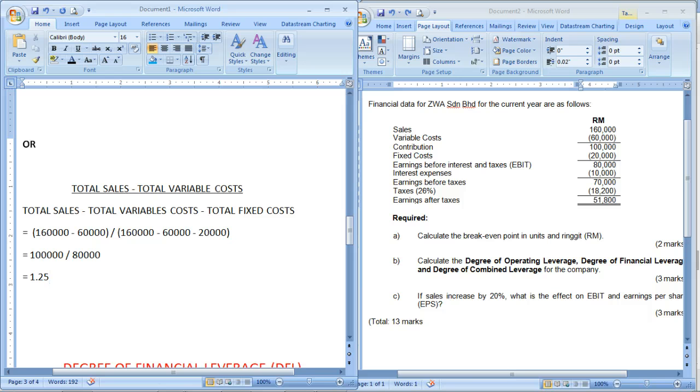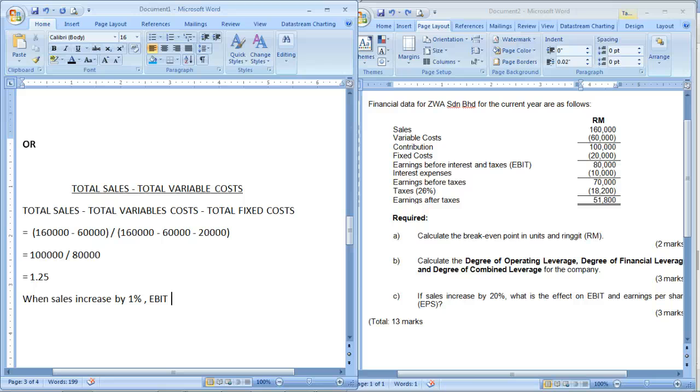You need to explain the answer. I give an example: when sales increase by 1%, what happens to EBIT? I use EBIT because DOL only measures the effect of sales on EBIT.